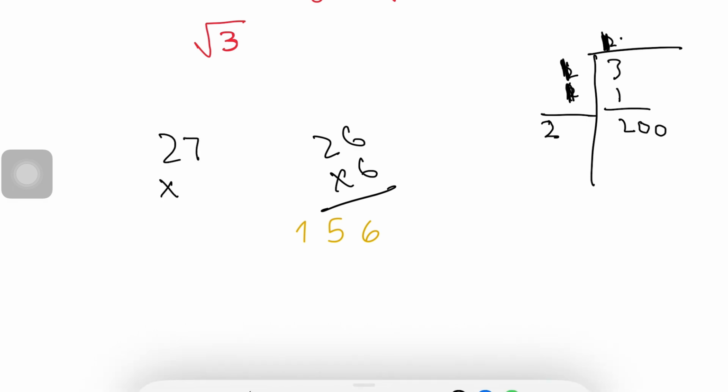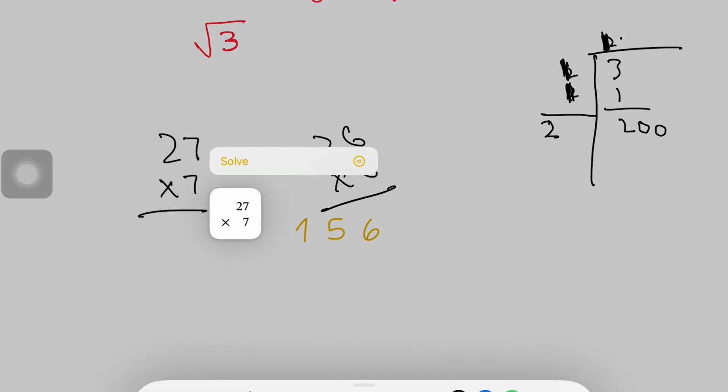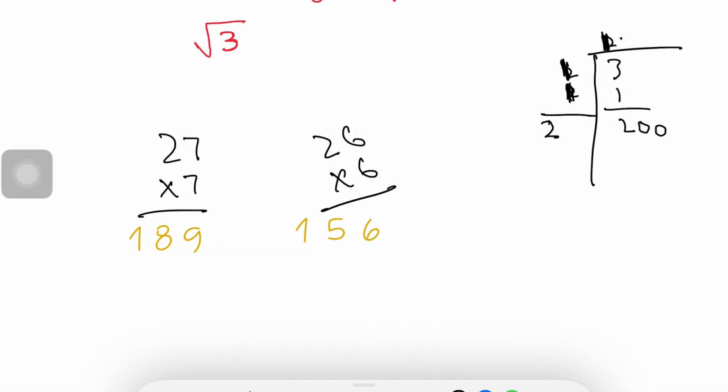We also increase the number, for example 27 multiplied by 7. Here we get the number 189, so we write the 7 here and 7 here.